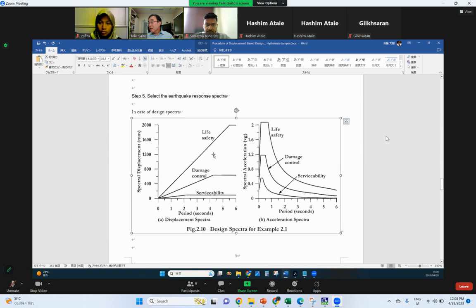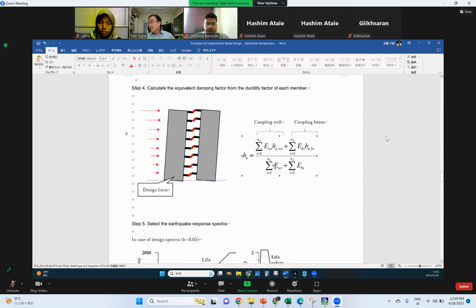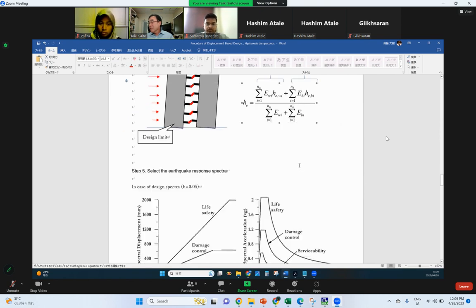And this spectrum value is plotted with damping of 0.05, 5% damping. But we already know the damping is more than 5% because we have damage to the member.